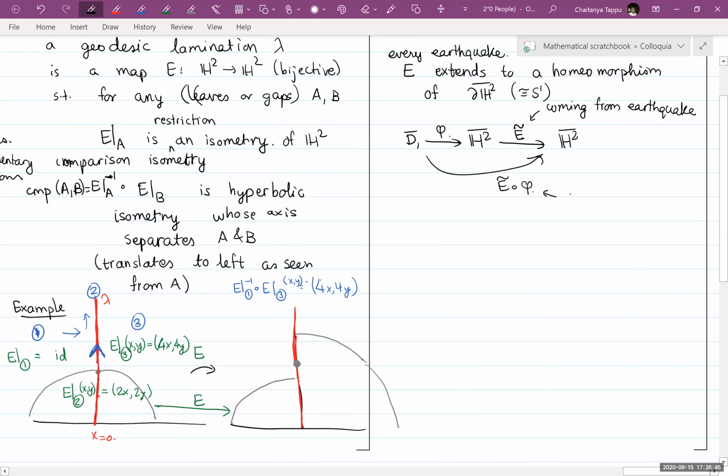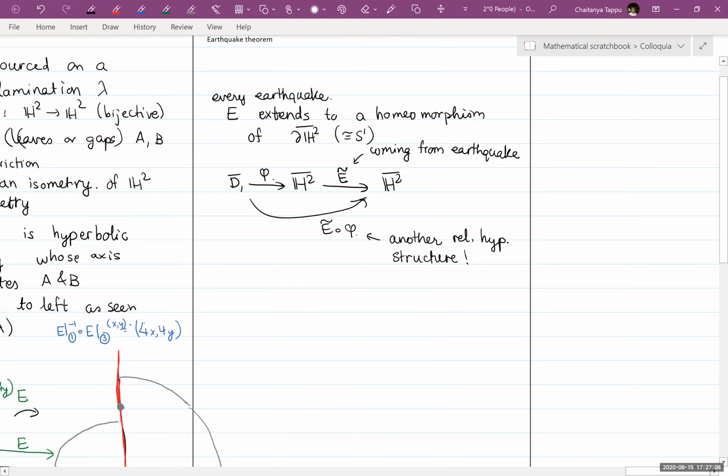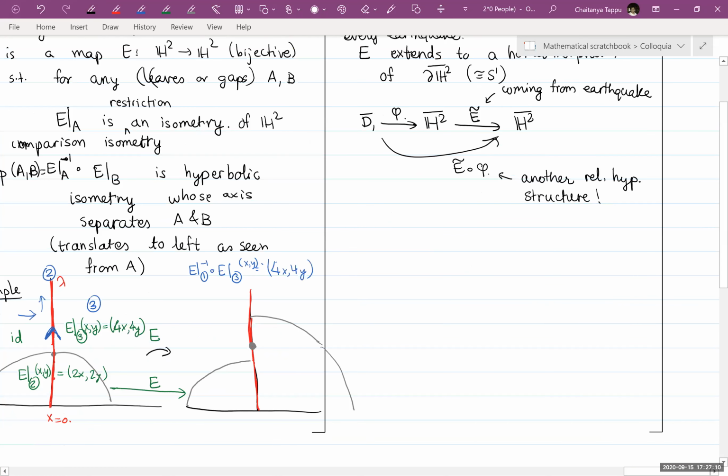This is another relative hyperbolic structure. Right. So this is how earthquakes lead to changes of relative hyperbolic structures. And so now I think I can state the earthquake theorem.